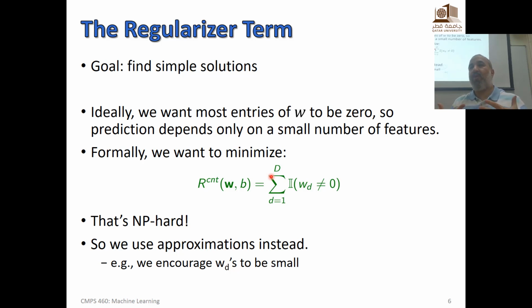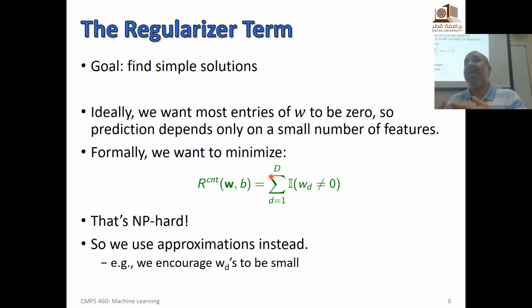What do we mean by approximation here? Let's think together. The ideal function means that we will have a very small number of non-zero weights. An approximated version of that is a function that will make sure that the weights themselves are small.